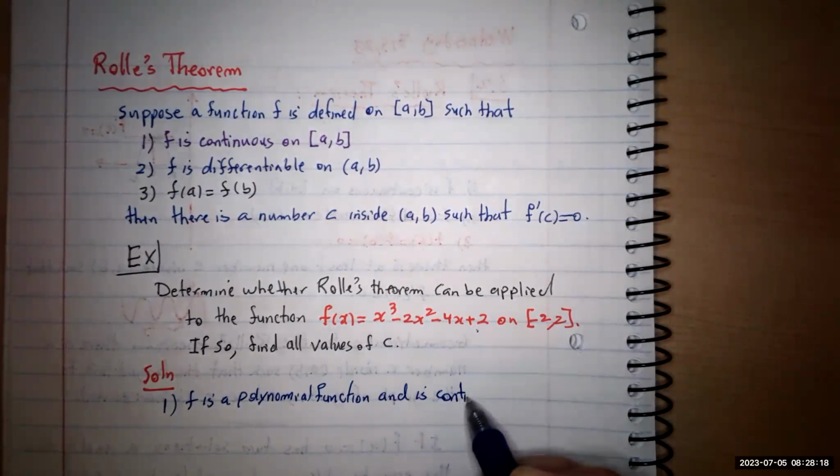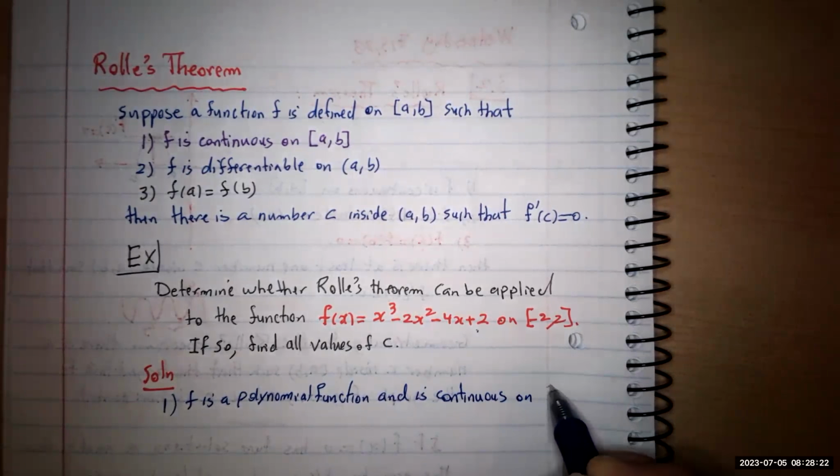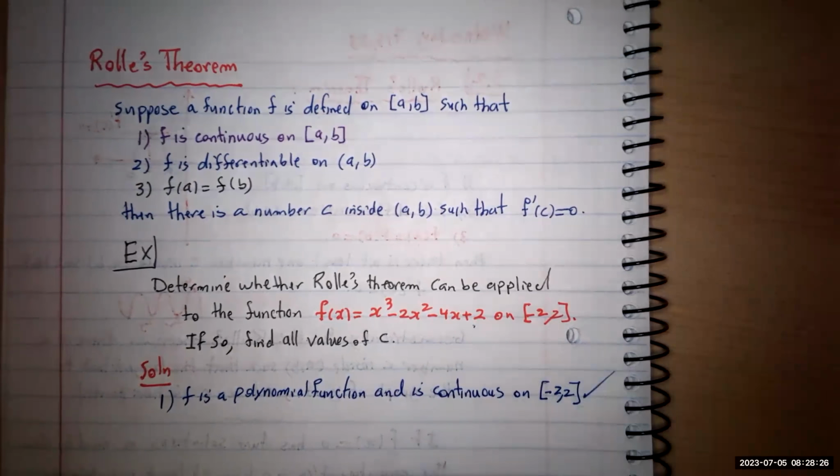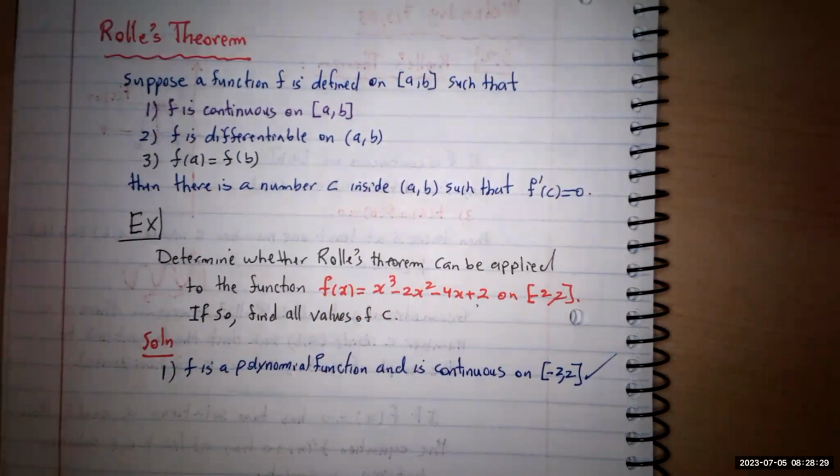Just focus on the condition of the theorem: continuous on the closed interval of -2 and 2. Done. Remember, on the test, you have to write it down. It's similar to the condition of the mean value theorem that we're going to see in a minute. Okay, that's the first one, it's done.